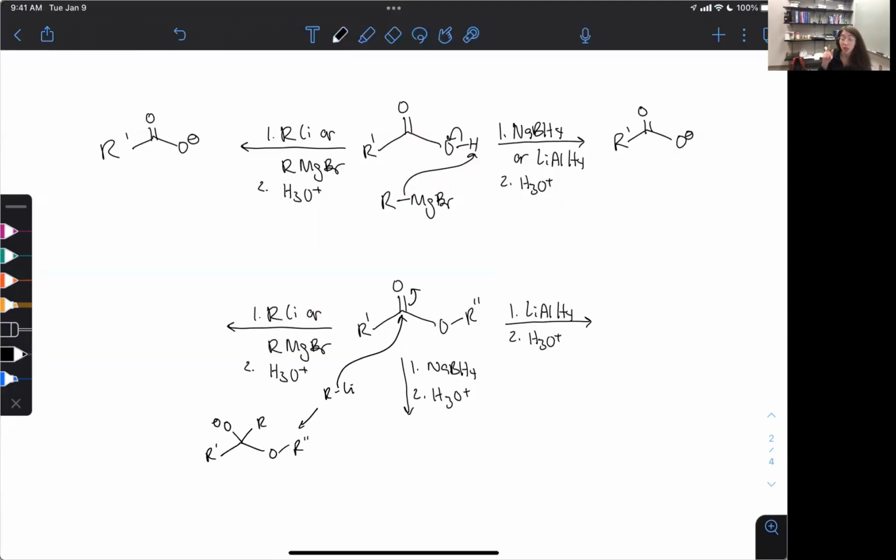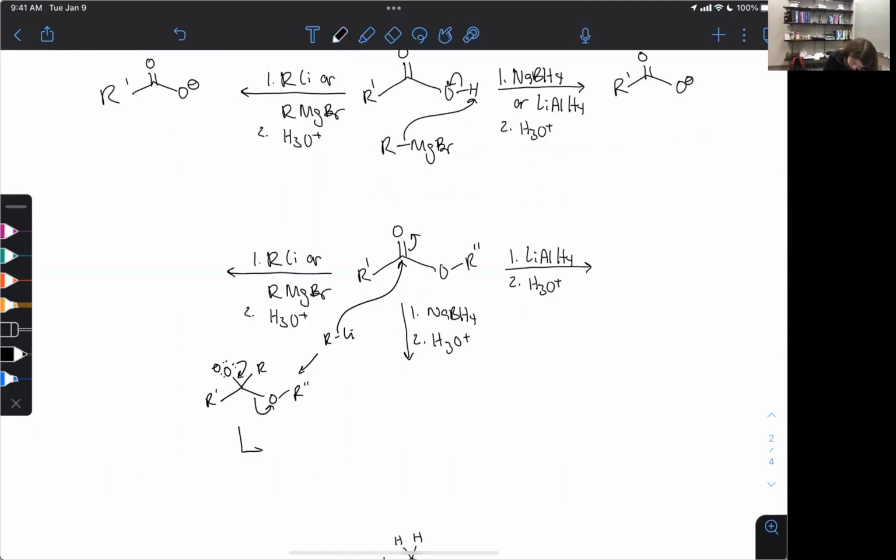Then from here, just like we did with the acid chloride, we can push those electrons down to make another carbonyl, kick off that leaving group. We get to a ketone intermediate.